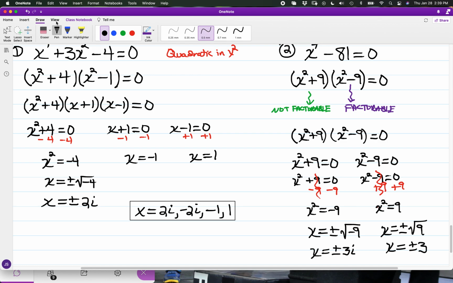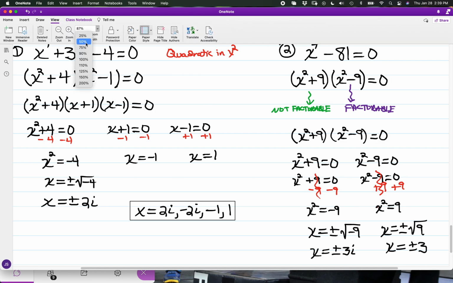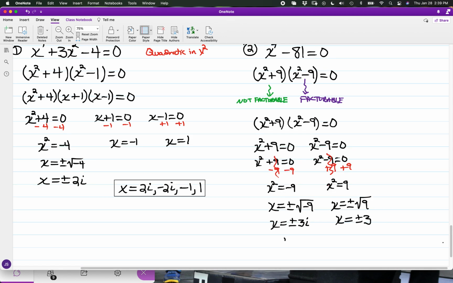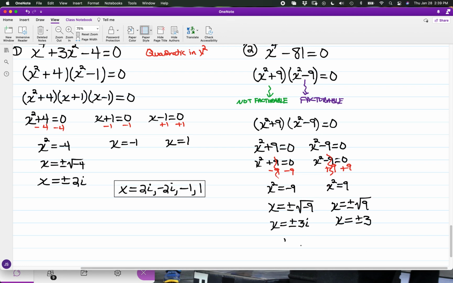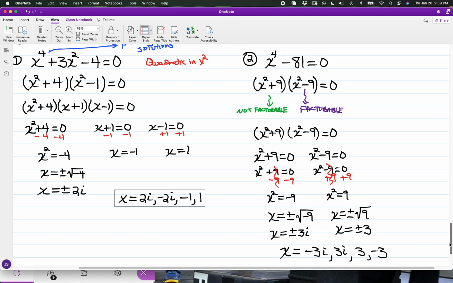And so we have yet another set of 4 solutions: x equal to negative and positive 3i, and positive and negative 3. So you have another quartet of solutions, 2 from the real number system and 2 from the complex.